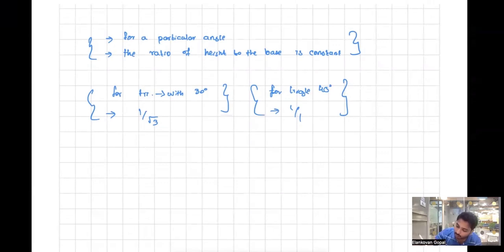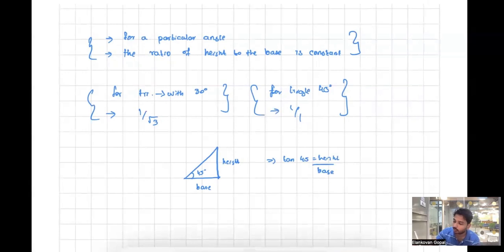So if I draw a triangle like this, and mark this as 45 degrees, the height is this, the base is this. Therefore, tan 45 is height to the base.